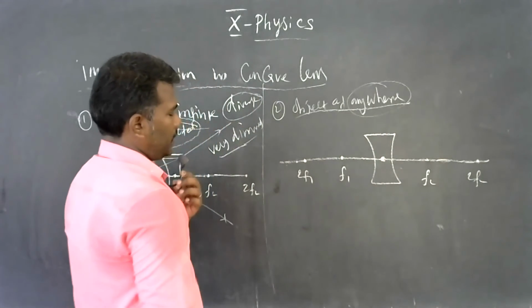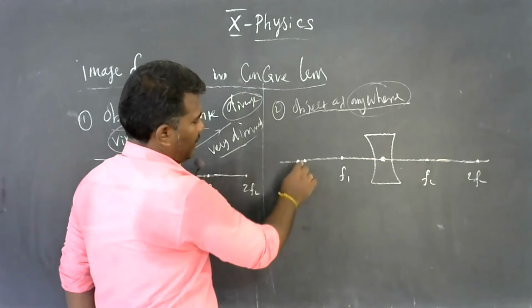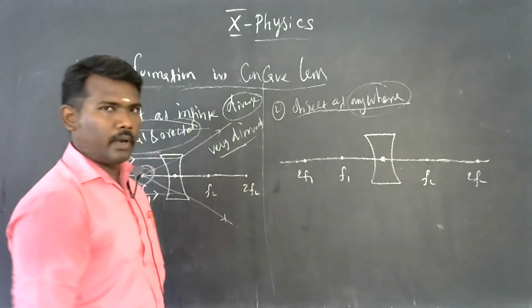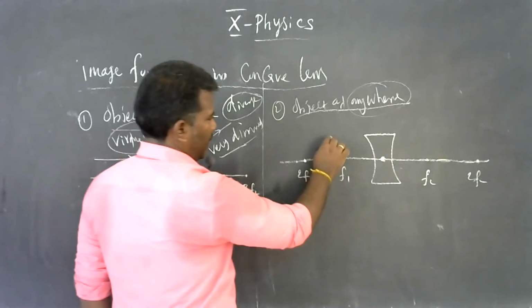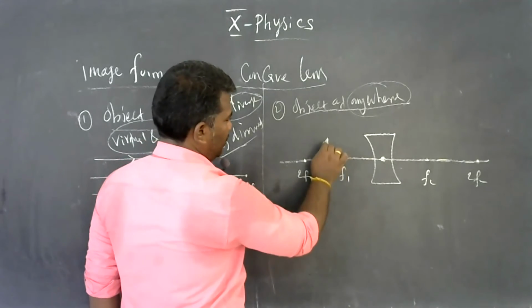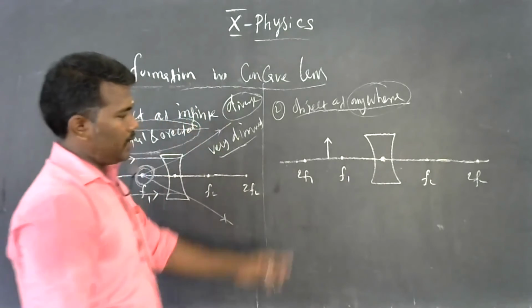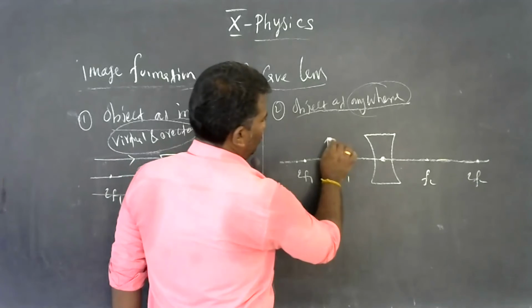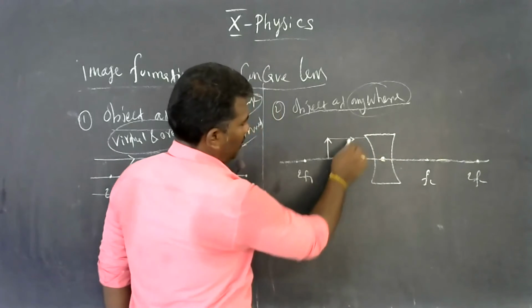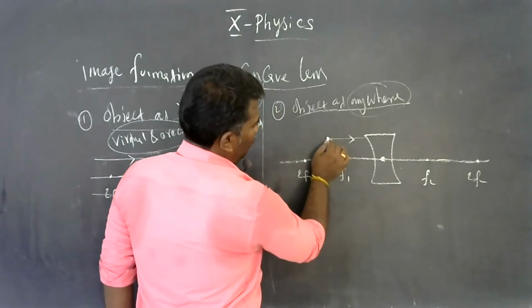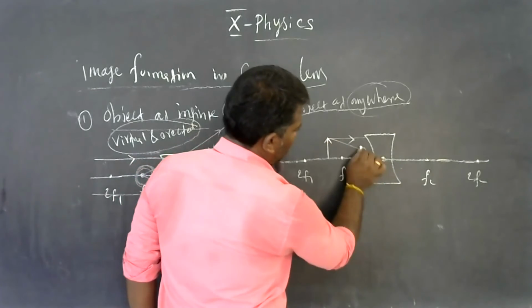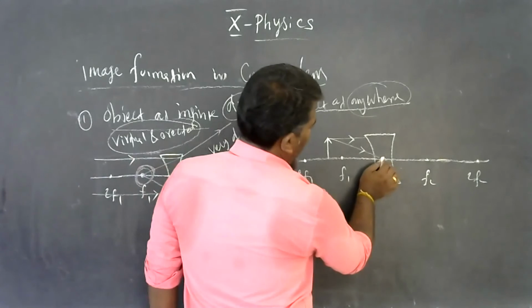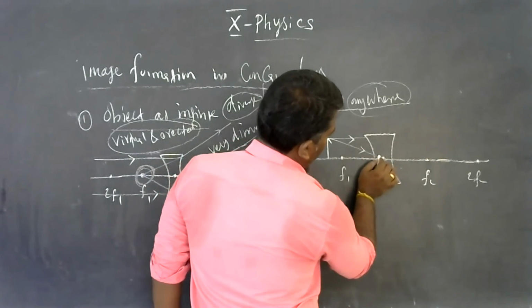Now I am going to fix the object. We can fix it anywhere beyond 2F1 or between F1 and 2F1. Now I am choosing the object located at a distance between the point F1 and 2F1. So the same two light rays: one is parallel to the principal axis, and for the other, the light ray passes through the point O, so it cannot be deviated.